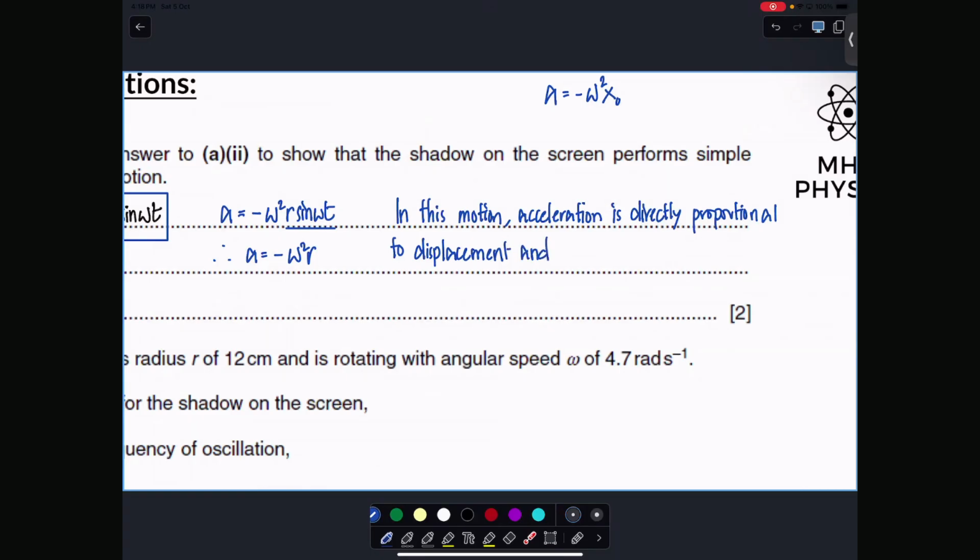And one more thing, the acceleration acts in what direction? Yeah, the acceleration acts in opposite direction. So these are the requirements for simple harmonic motion.